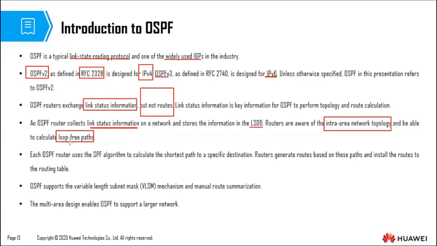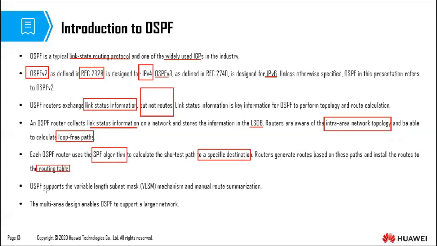So there's also an issue of creating loops when you're configuring OSPF, especially among multiple areas. So we're going to see some of the strategies that are used to avoid having loops. Each OSPF router uses the SPF algorithm, shortest path first, to calculate the shortest path to a specific destination. The routers will then generate routes based on these paths and install the routes in the routing table.